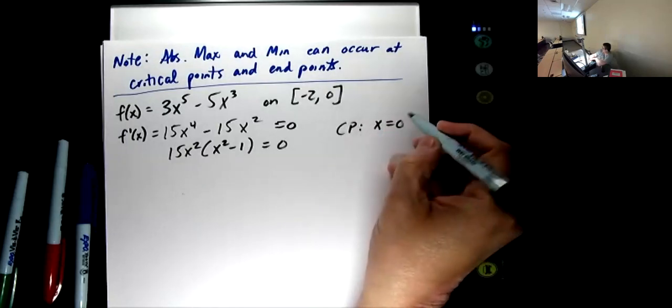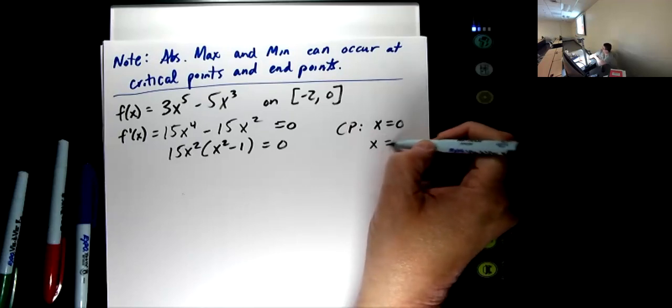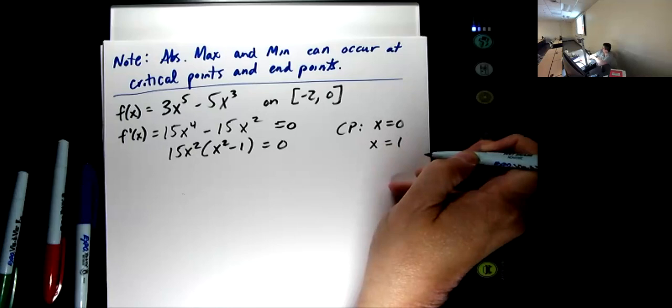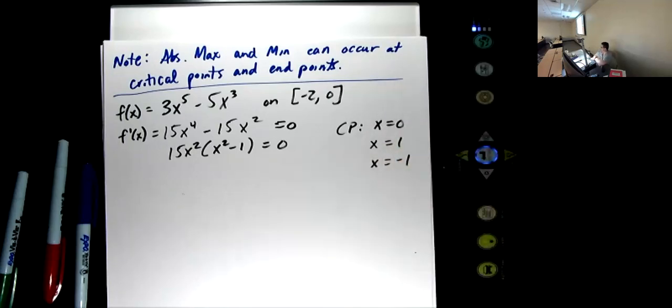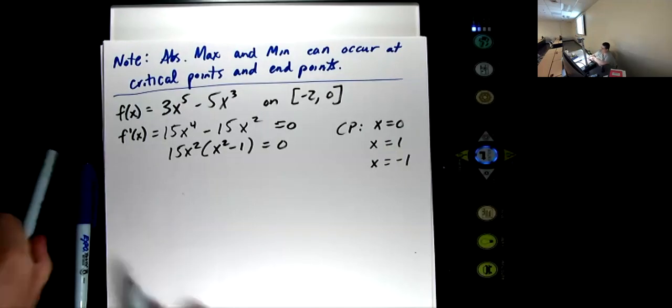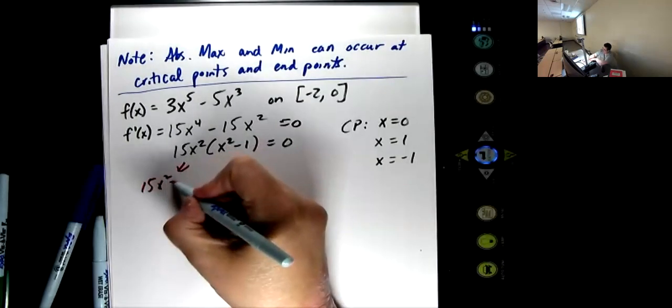What else? Positive one. Anything else? Negative one. If you're not sure how to get them, set each of these equal to 0.